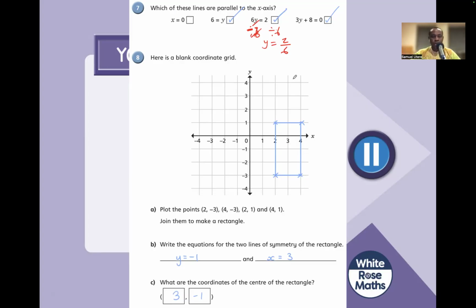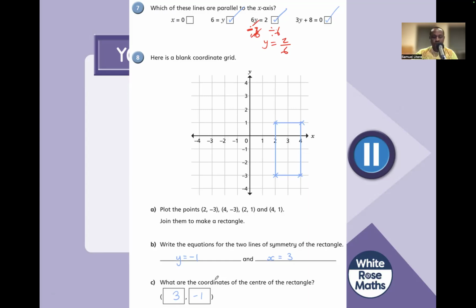Next, we're asked to plot these points on the grid, and here is what you get. And then next, you're asked to write the equation of the two lines of symmetry of the rectangle. So the two lines of symmetry would be this line here, x equal to 3, and this line here, y equal to -1.